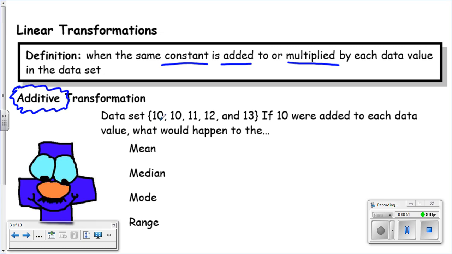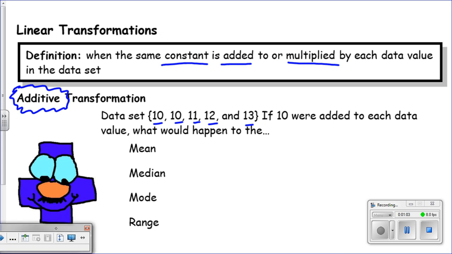Let's imagine that the data set was 10, 10, 11, 12, and 13. First of all, to help us figure out what's going to happen, let's calculate the mean, the median, the mode, and the range. So the mean would be that we add them all up. 10, 20, 31, 43, and 43 plus 13 is 56.